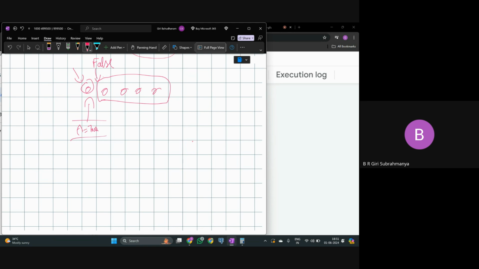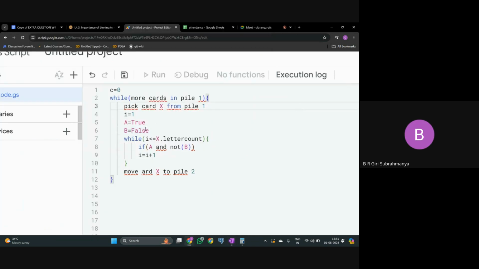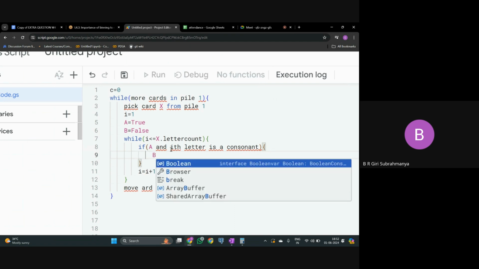The moment we found the card, that found variable became true, right? Yes, sir. Similarly, first we'll assume that the first letter is not a consonant. Now, if the first letter is a consonant, we'll make B true. For that, what can we do? If A and the ith letter is a consonant, we can assign true to B, right?